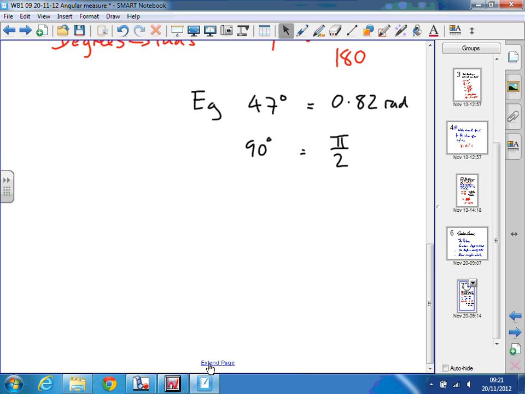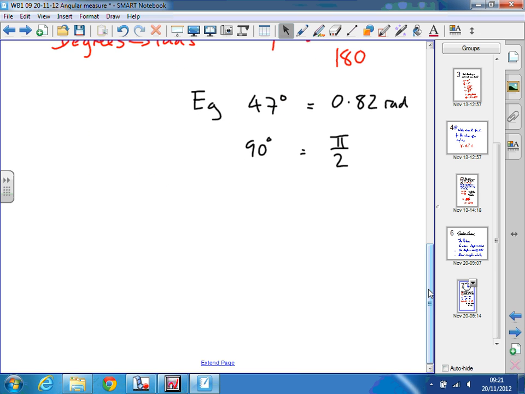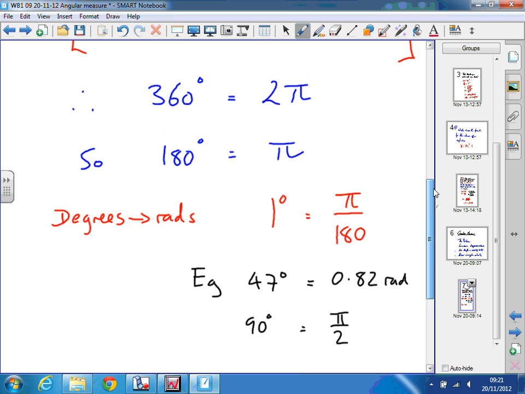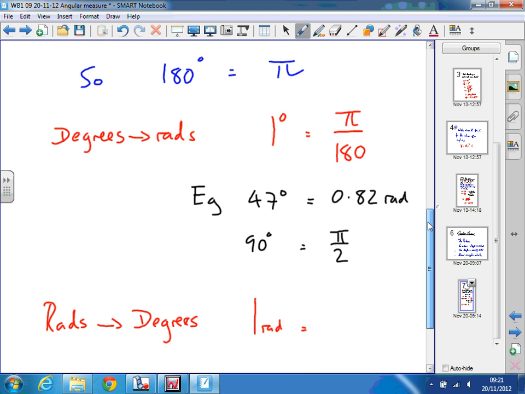Now, for degrees to radians, I need to know what 1 degree is, so that's pi divided by 180. The other way, radians to degrees, I need to know what 1 radian is. And if pi radians is 180 degrees, what's 1 radian? 180 over pi.